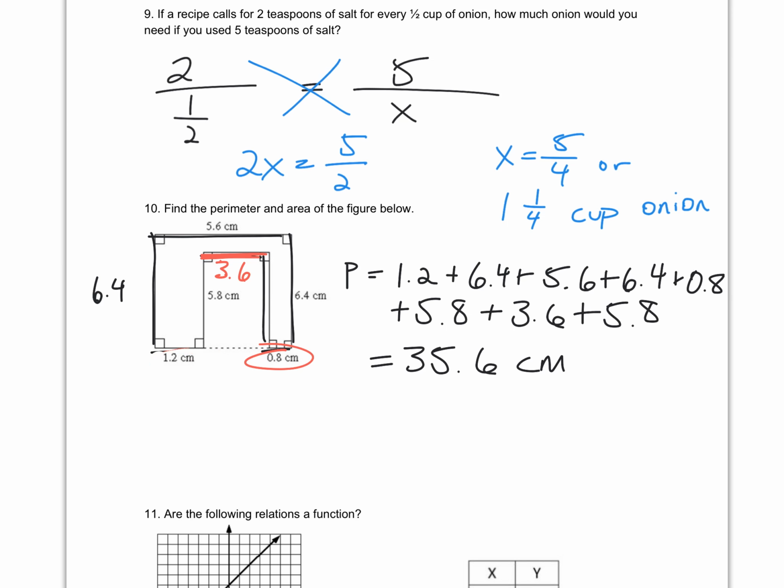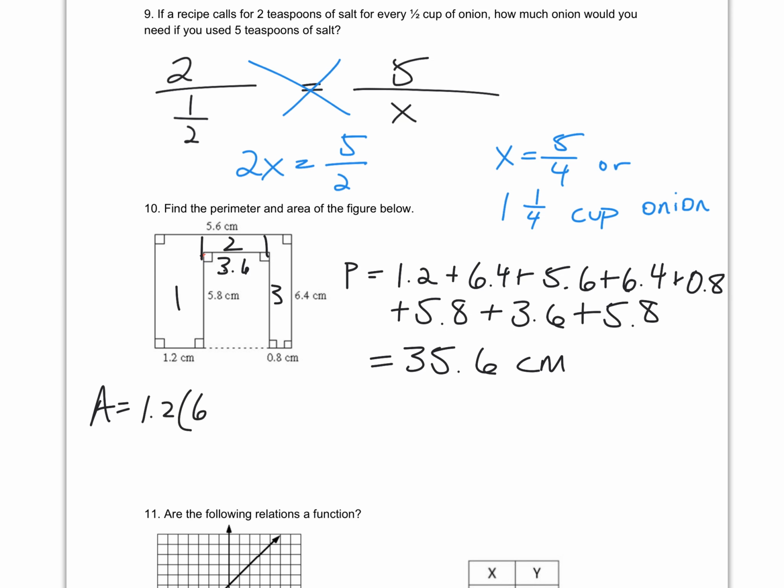Now our area, I'm going to erase all this. We want to chop it up into rectangles here, because we know the area of a rectangle is base times height. We already said this was 3.6. Let me leave that. Here's 3 rectangles. So the area is rectangle 1 plus rectangle 2 plus rectangle 3. Rectangle 1 is base times height of 1.2 times 6.4.